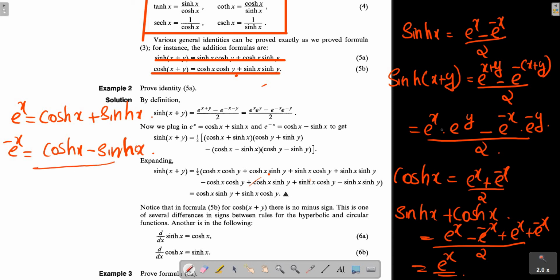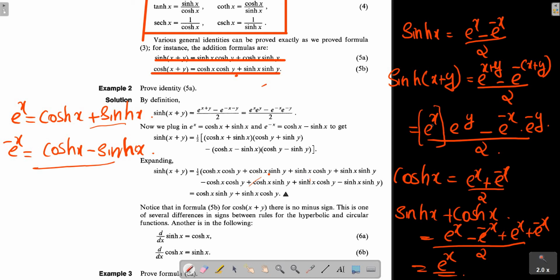So replace e raised to x by cosh x plus sinh x, and how will you get e raised to minus x is equal to cosh x minus sinh x? That is, subtract sinh x from cosh x, and you will get e raised to minus x.